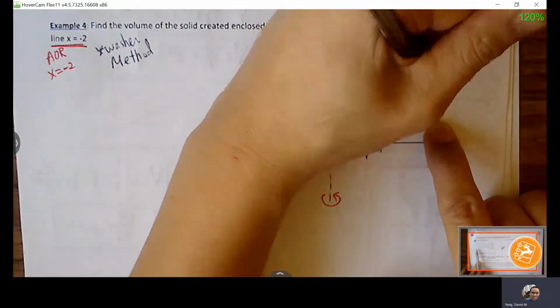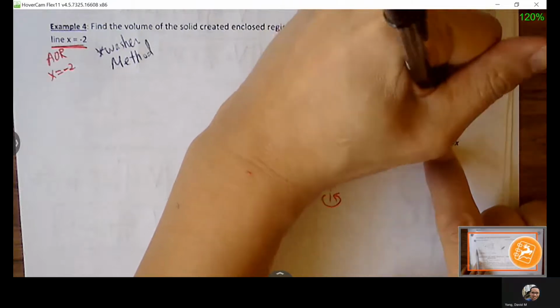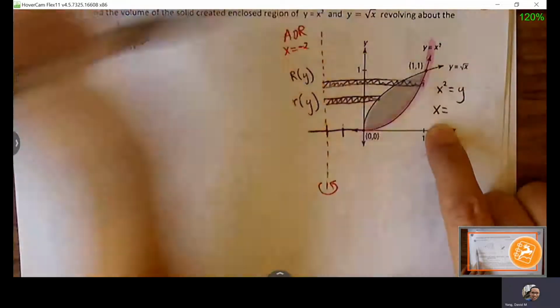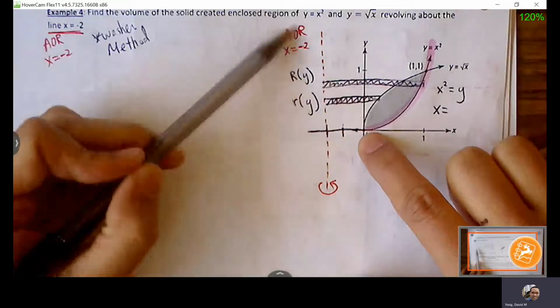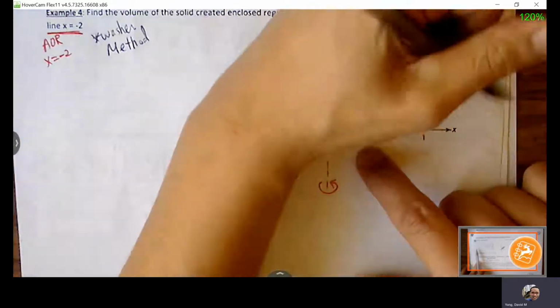How can I rewrite it to get it ready for what I need? x equals what? Root y. Technically it's plus or minus root y, but the negative root y is over here, which is not part of our diagram, so we're only going to use the positive root y.